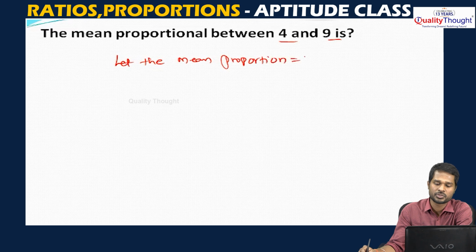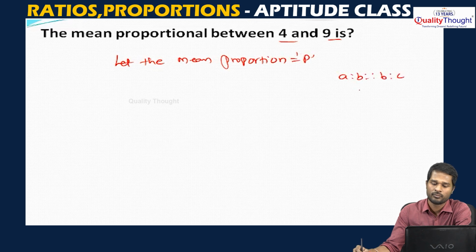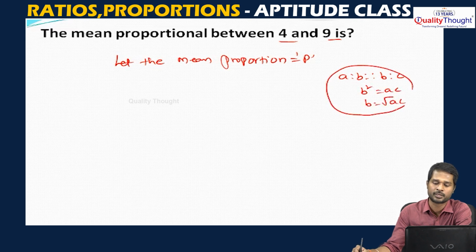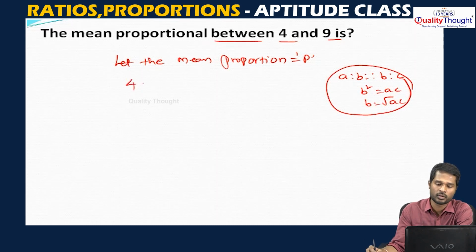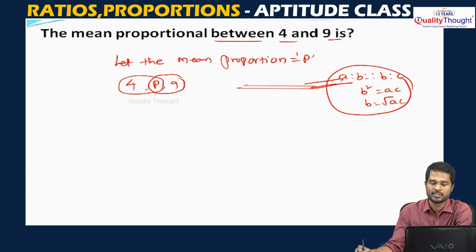We calculated that A is to B equals B is to C, where B square is equal to AC, so B is equal to root AC. This is the mean proportion. Here he clearly said between 4 and 9, so it is 4, P, 9. That means this is a ratio, this is a ratio. Compare with this, A is to B.